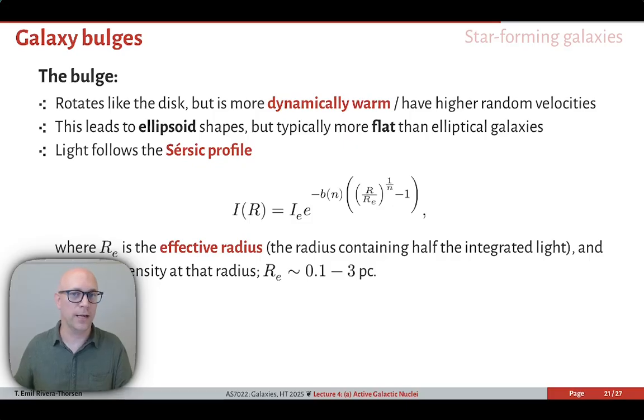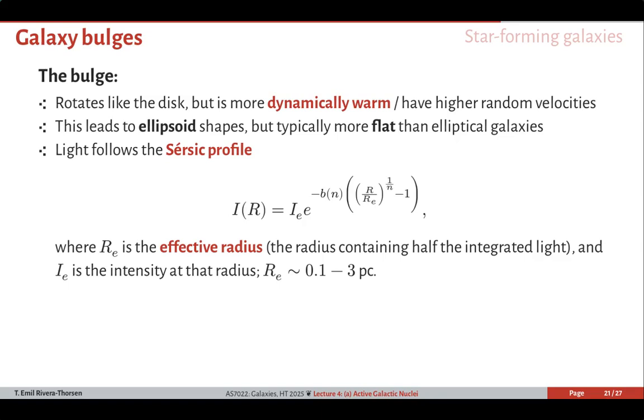The light, as we have seen before in our morphology lecture earlier, follows a surface profile that is our old friend from before, where again, R_E is the effective radius, which means the radius that contains half the integrated light in this galaxy when we look at it face on.